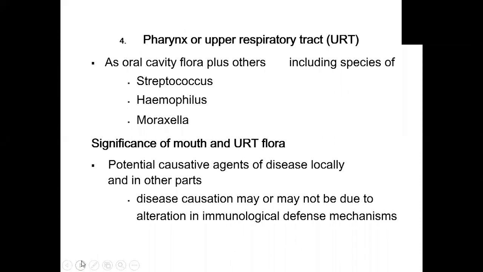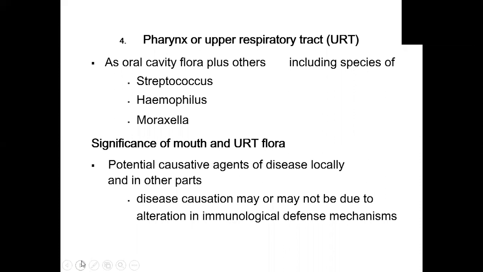Then the upper respiratory tract, also called pharynx, and when one moves closer to the mouth, it becomes oropharynx. It has the same organisms that are found in the mouth. And there are the genera, which you will encounter as you go on with the course. So it's also quite rich.